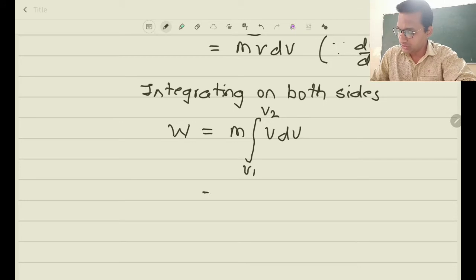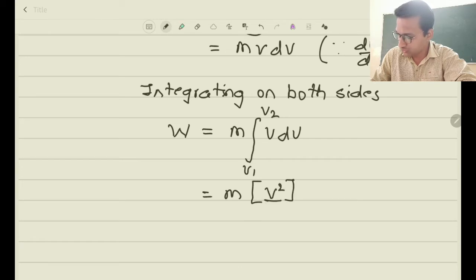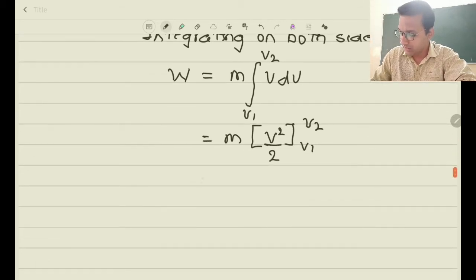So this integration of V into dV will give us V square by 2, and the limits are from V1 to V2. So we will have m by 2 in the bracket V2 square minus V1 square.